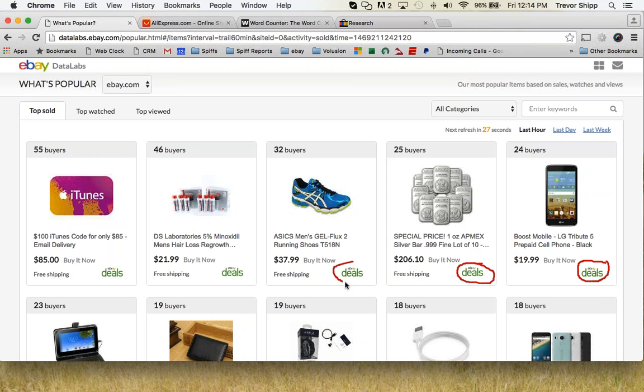Now, I explained this in the last training, guys, but why am I not paying much mind to this? eBay Deals. I know that's small on your screen. Why is that not as relevant? Because I look at this and I see an iTunes gift card, a men's hair loss product, some shoes, silver bars, and then a prepaid cell phone.